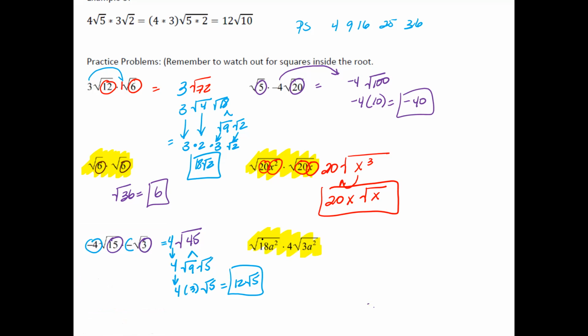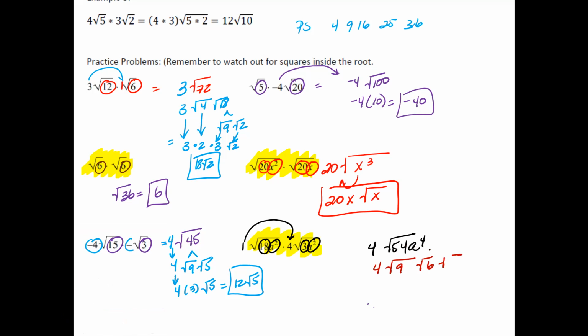All right, so looking at this here, you have 18 times 3, which is a 54. A squared times a squared is a to the 4th. 1 times the 4 there is just a 4. So let's see if we can break this down. So what can we break down with 54? I know that 9 times 6 is going to be 54.